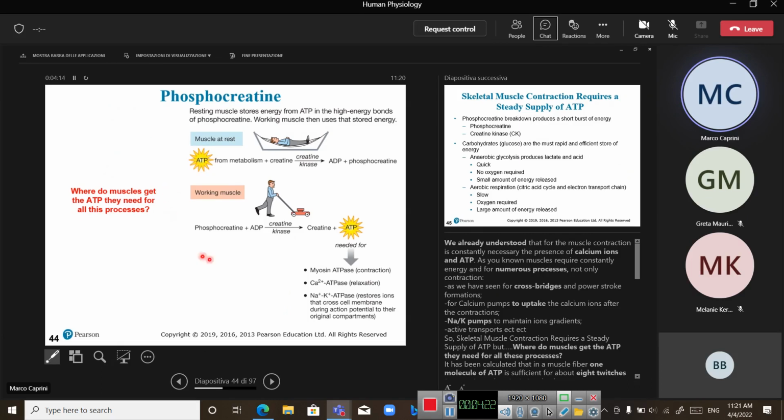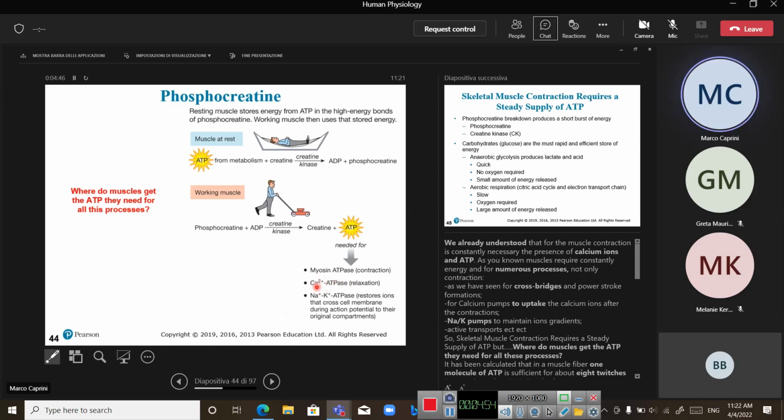So another important function of the ATP is to power the myosin ATPase and then the contraction, but also the uptake of calcium through calcium pumps. They are present in the membrane of skeletal muscle, or sarcolemma, and the sarcoplasmic reticulum.